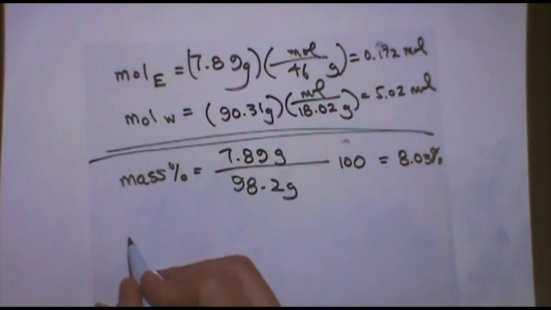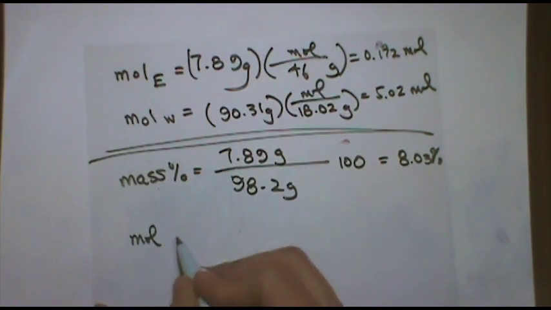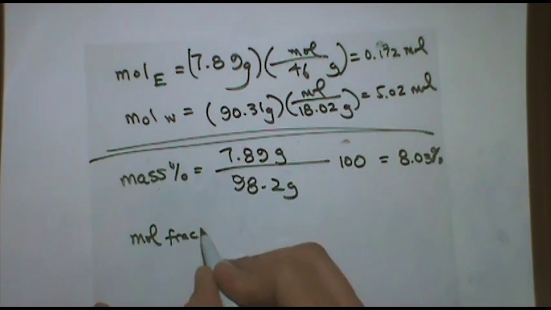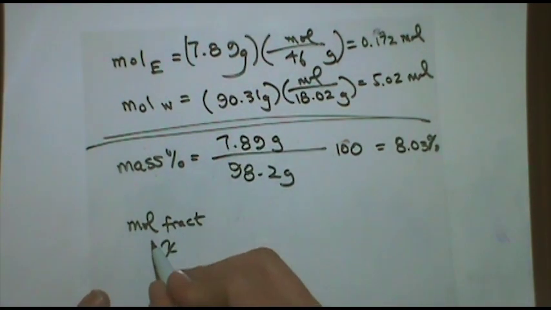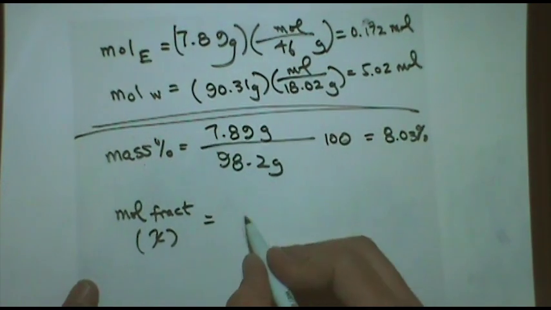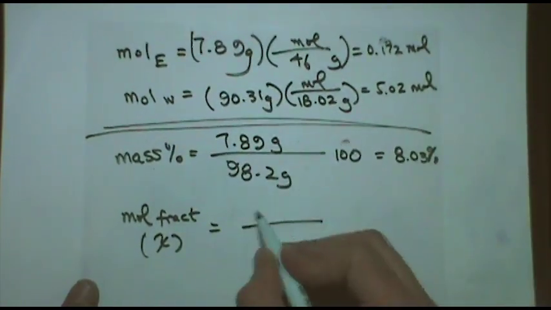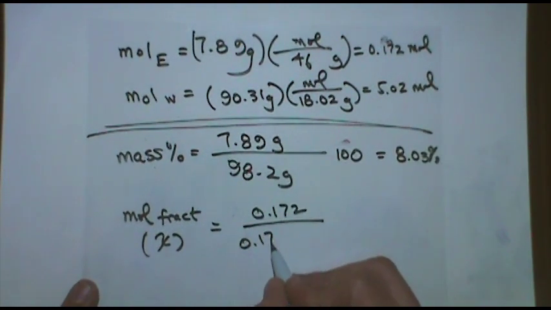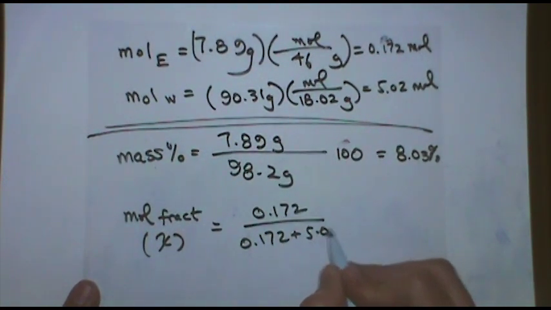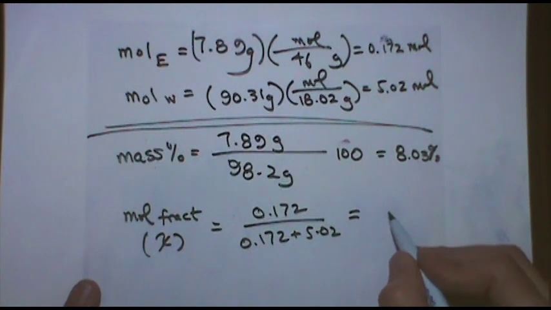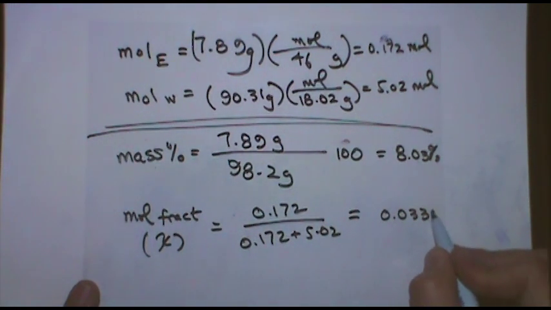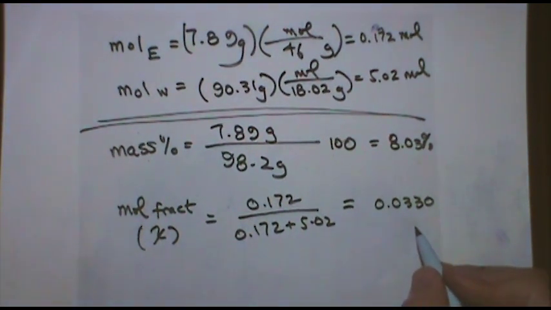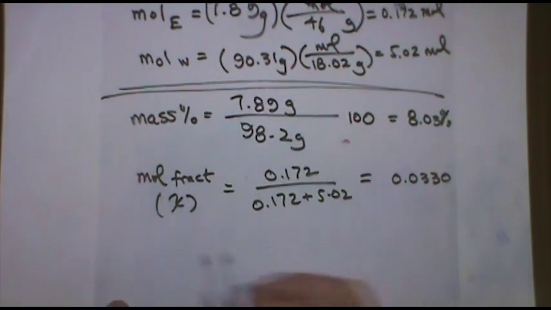Okay, I'll assume that's right. Next, what was asked for? The mole fraction. That's X. That is the moles, 0.172 divided by total moles. Math savant, I got 0.033 in my mind. Okay, cool, I'll go with that.